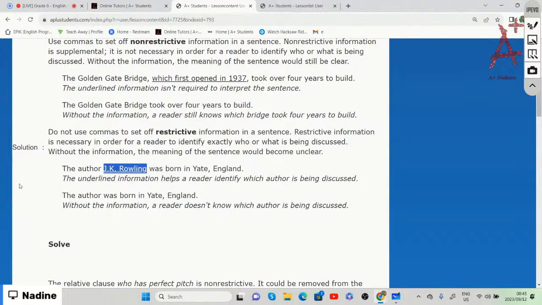So instead of just saying the author was born in Yate, England, we now know that J.K. Rowling was born in Yate, England, right? And if we removed that information, we wouldn't have known which author is being discussed. So sometimes the added information is necessary.